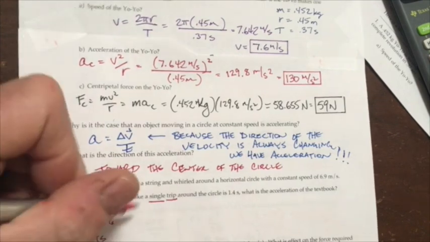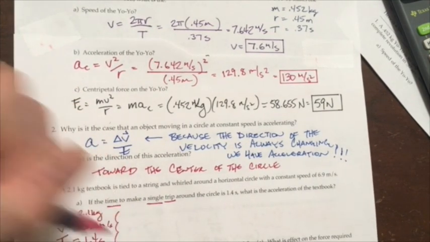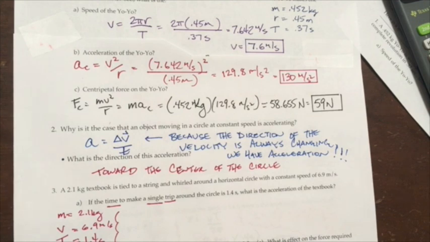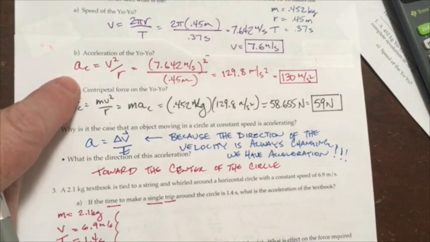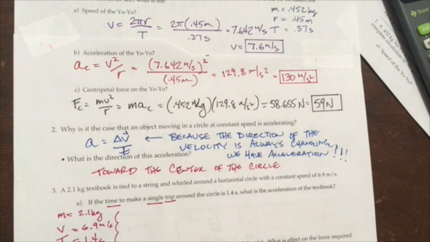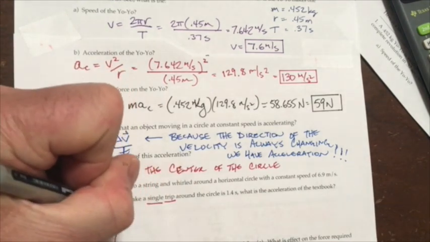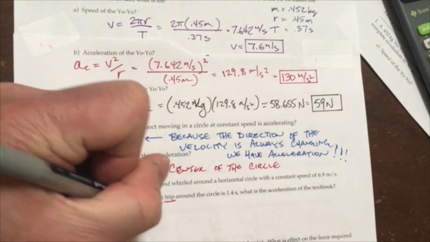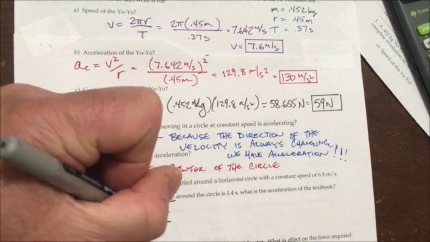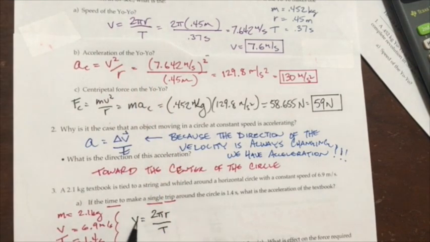Now, the only equation I have for acceleration is v squared over r, and I don't know r. So at first I think I'm stuck, but then I realize that speed in circular motion is 2 pi r over period, and we know the speed, we know the period, and we know 2 pi is just a number, a constant.